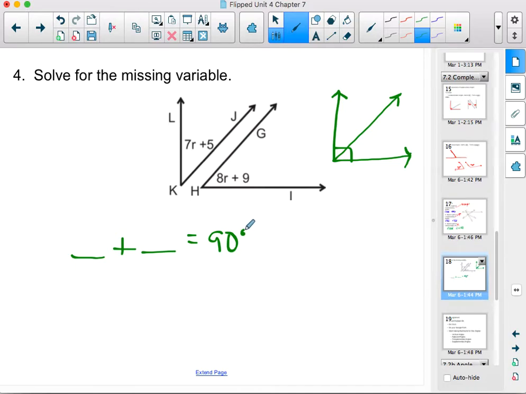So our job here is going to be to write an equation, and we are going to substitute the value for each expression into these two blank spots. And remember, when we substitute expressions or we substitute anything, we do it in parentheses. So my equation here will be the quantity of 7r plus 5 is equal to the quantity of 8r plus 9.